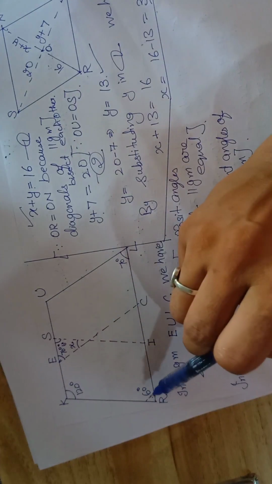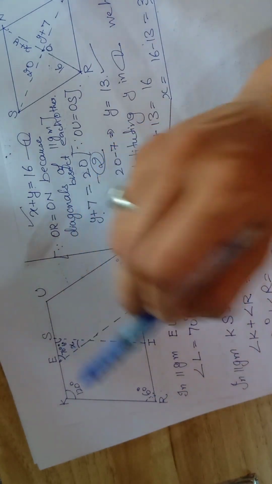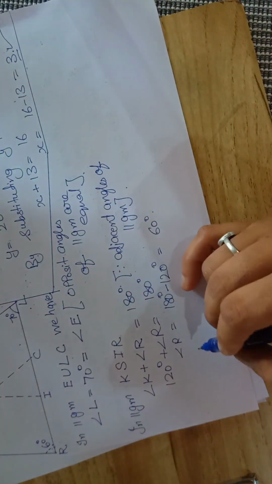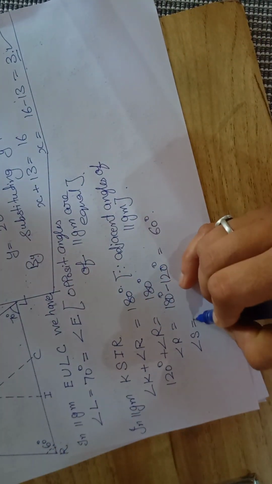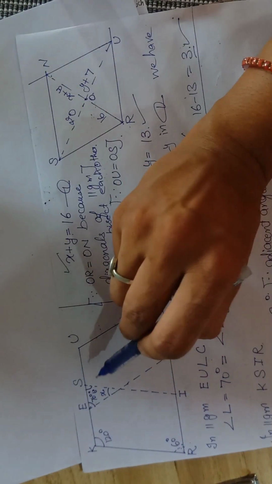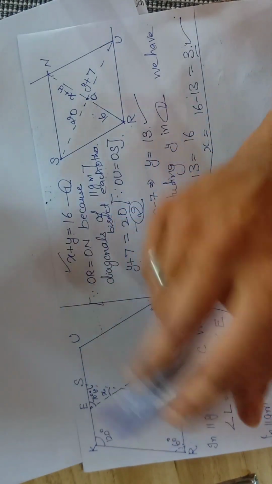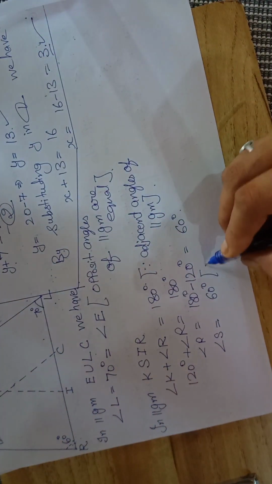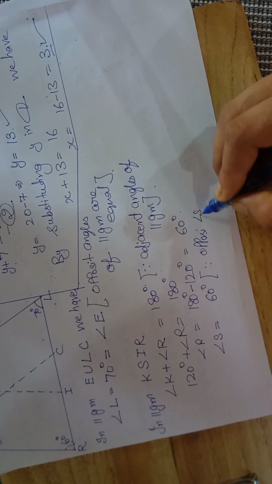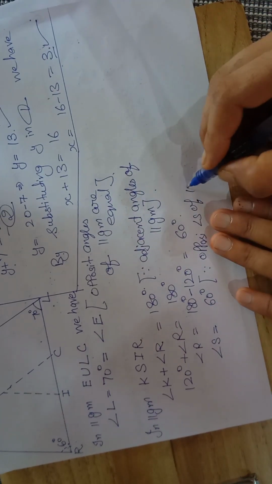What's the reason? The reason is opposite angles of parallelogram KSIR. So I can write here angle S is equal to 60 degrees. You can write here again opposite angles of a parallelogram.